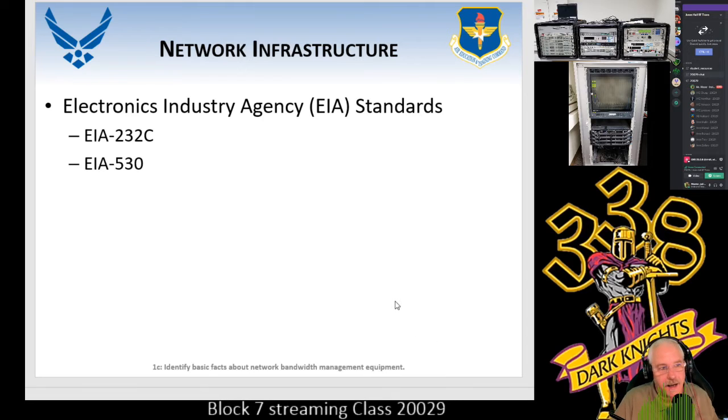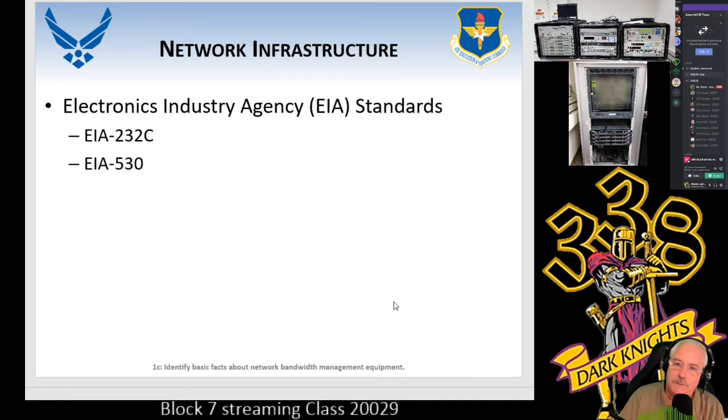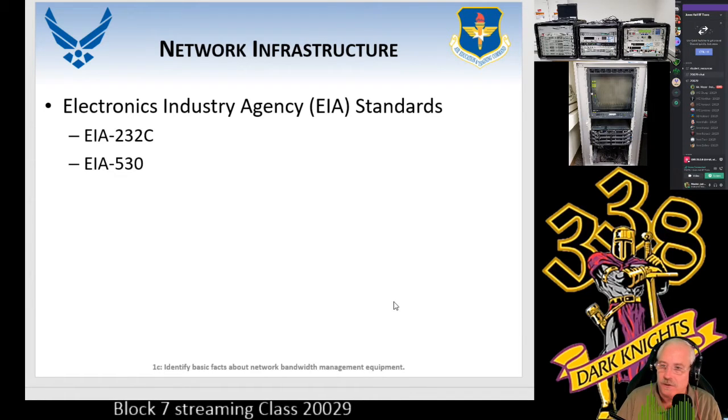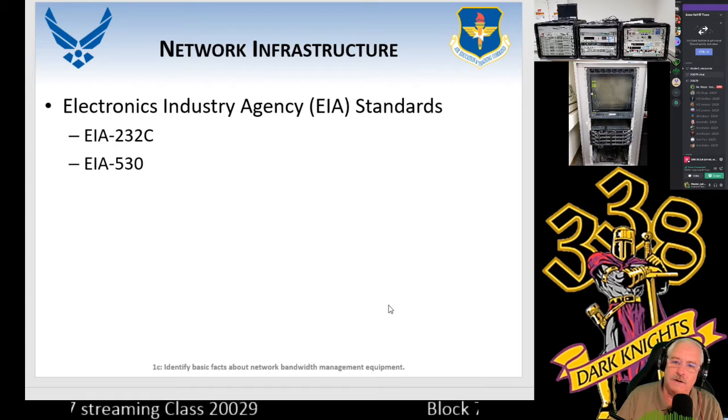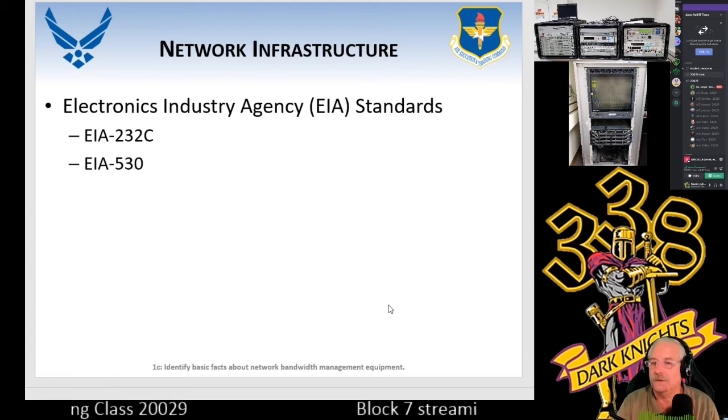We have the EIA standards. This is how we get the interoperability between devices. In other words, it used to be where Apple products could not talk to PC products, or you had one brand of PC products and they wouldn't talk to anybody. You would literally have to buy their printer and their cable and all that kind of stuff.